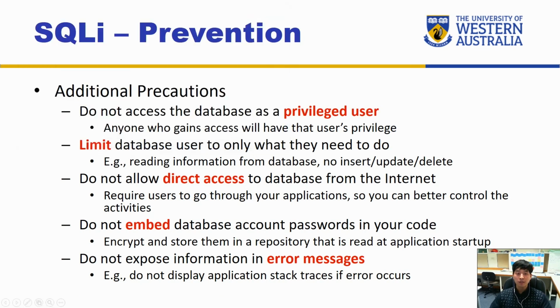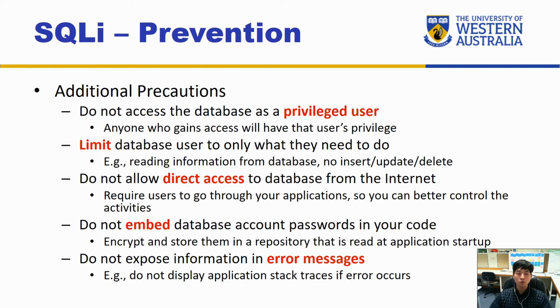Do not embed database account passwords in your code. Sometimes a lot of people just leave their test account details in the source code, whether it be in the applications that we saw or even the web applications. Sometimes you can inspect the source to find some more details about it.